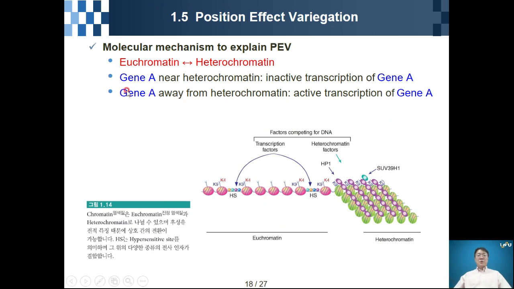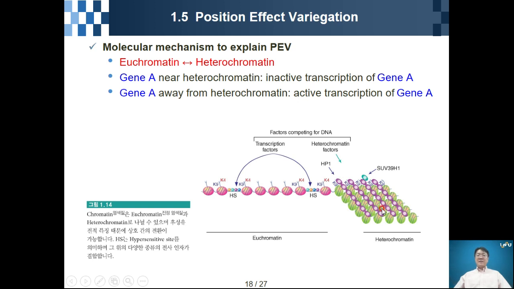So usually for a gene within the heterochromatin region, several transcription factors cannot bind to this heterochromatin region.